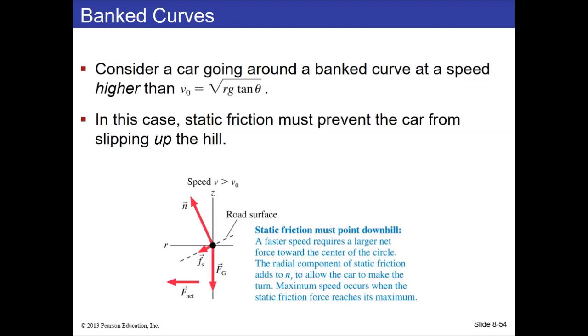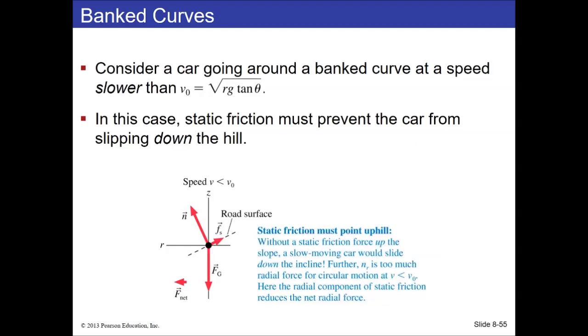And so there's got to be a static friction that pulls you inward to do that. Okay, so for a speed that's high, you're going to have a static friction that's going to be downward, down to the left. Now, if you go too slow, then what happens is you have to have static friction go the opposite direction.